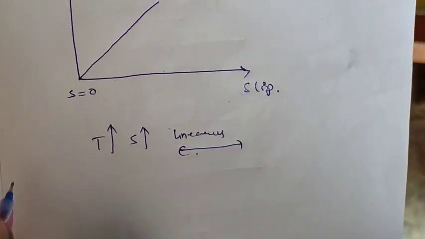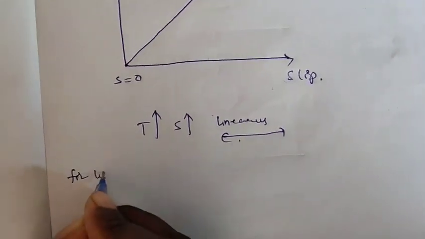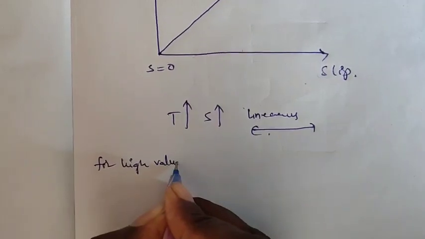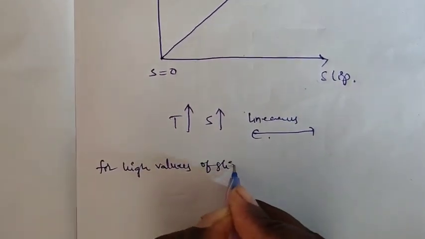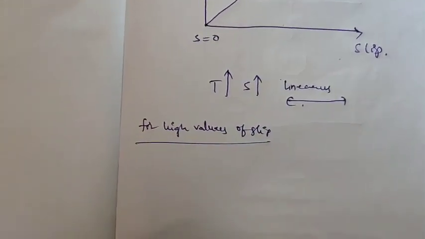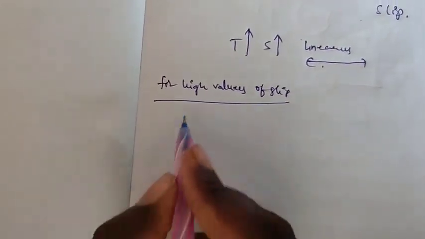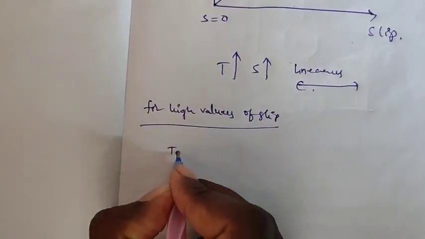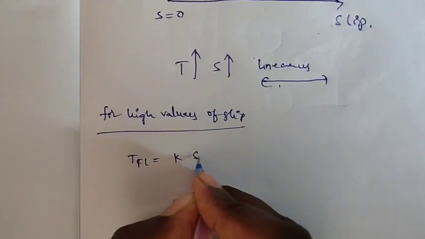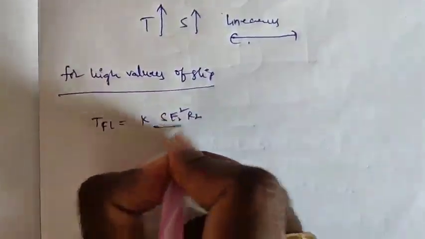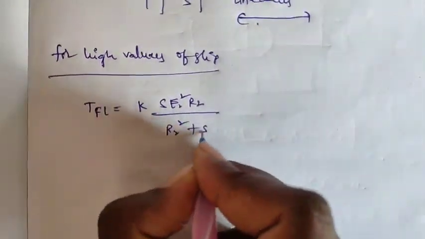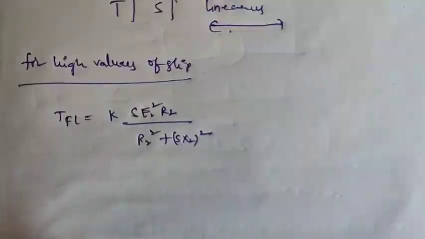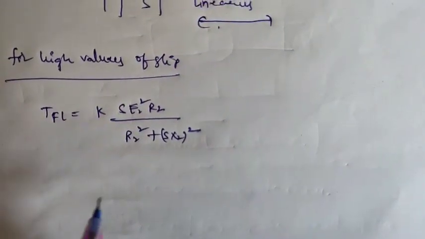For high values of slip, TFL equals K into S E2 square R2 divided by R2 square plus SX2 whole square.